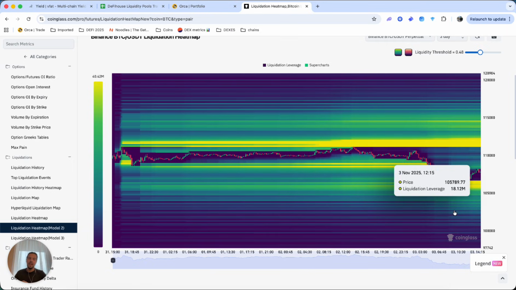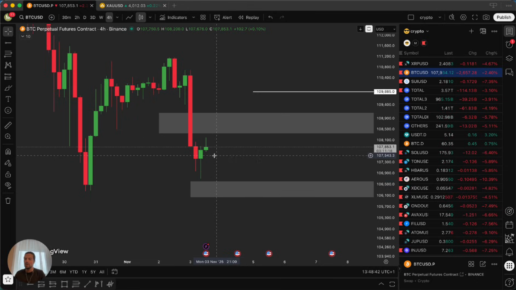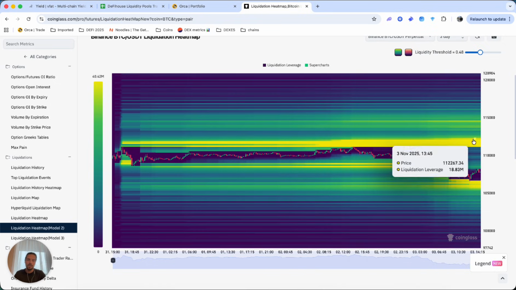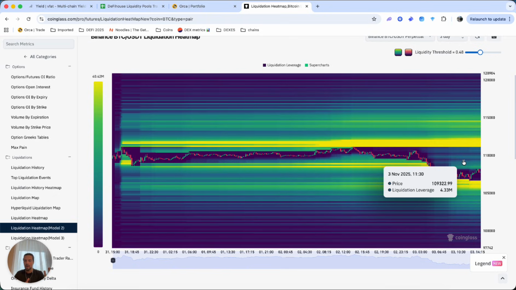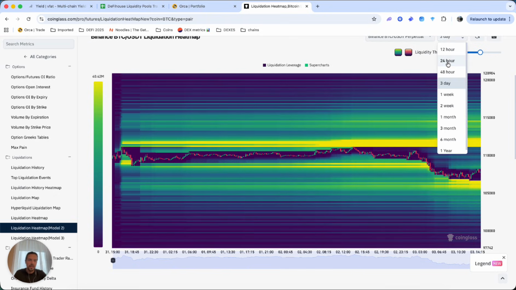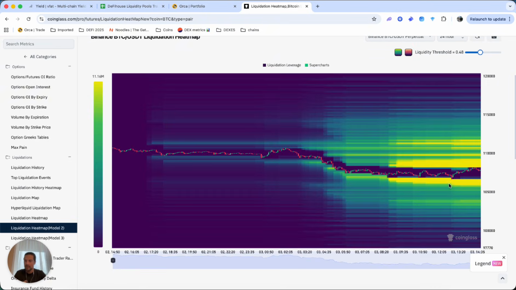So these areas on a chart, this is from the lower time frame, but if we would modify this to accommodate this area, then it would look a bit different on the chart. But because I made it for 24 hours, let's stick to that. So now, as you can see, we have this major wall of liquidation leverage sitting here. All of this liquidity is here, lots of stop loss orders, liquidation prices, liquidation orders, etc. sitting in this region.